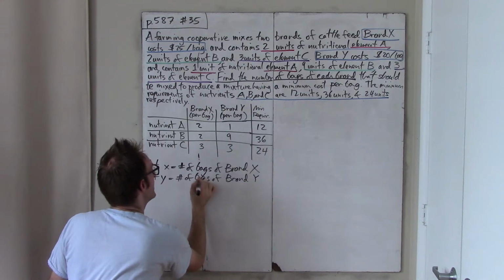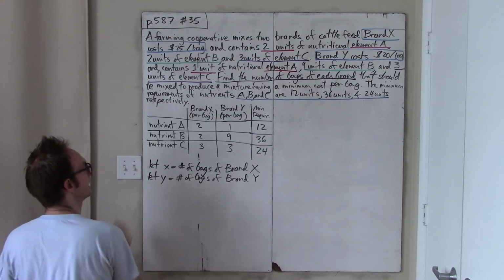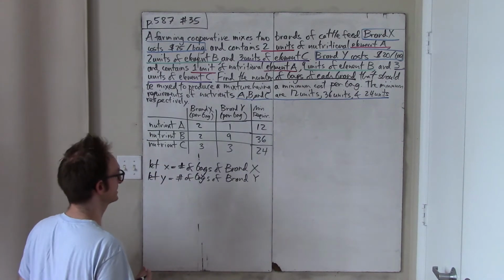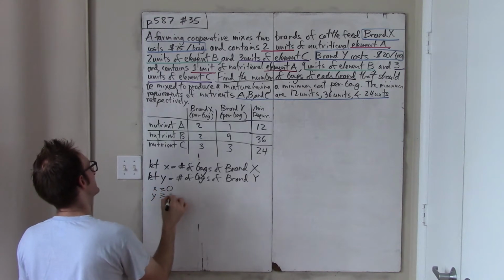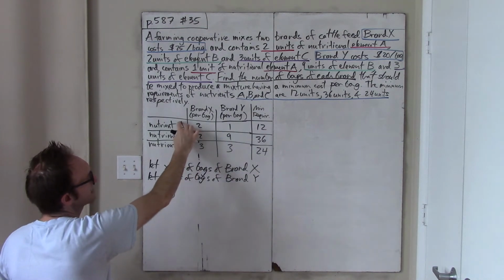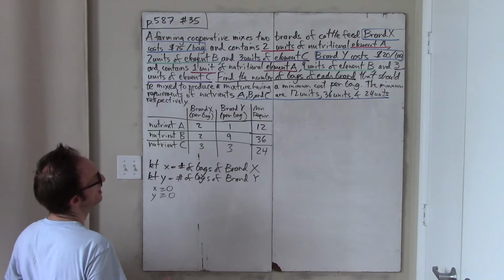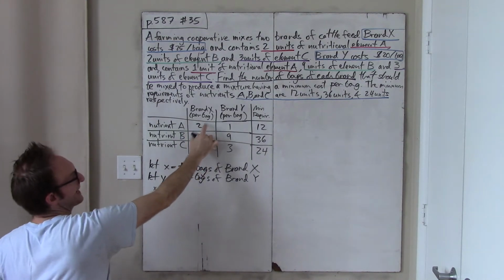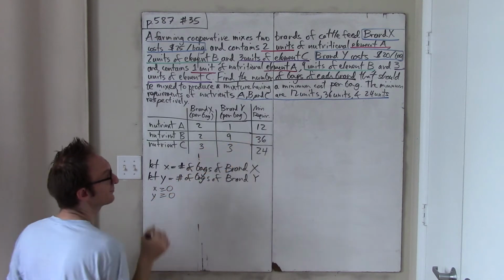Now that I have variables, I can speak more fluidly about them. It almost goes without saying that x and y have to be positive. But when I consider the nutrients one at a time, say nutrient A, I get 2 units per bag of X and 1 per bag of Y, but I need 12 altogether.